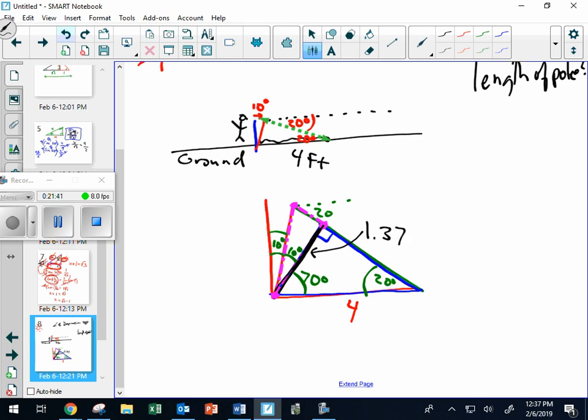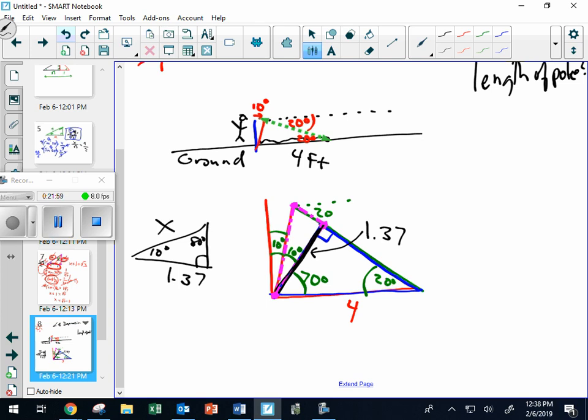If that side's 1.37, I'm going to take my own advice and pull this triangle out and say it's a 10, 90, and this must be 80. And then I'm going to label this with 1.37, and I'm going to say x is the side I want. There we go.